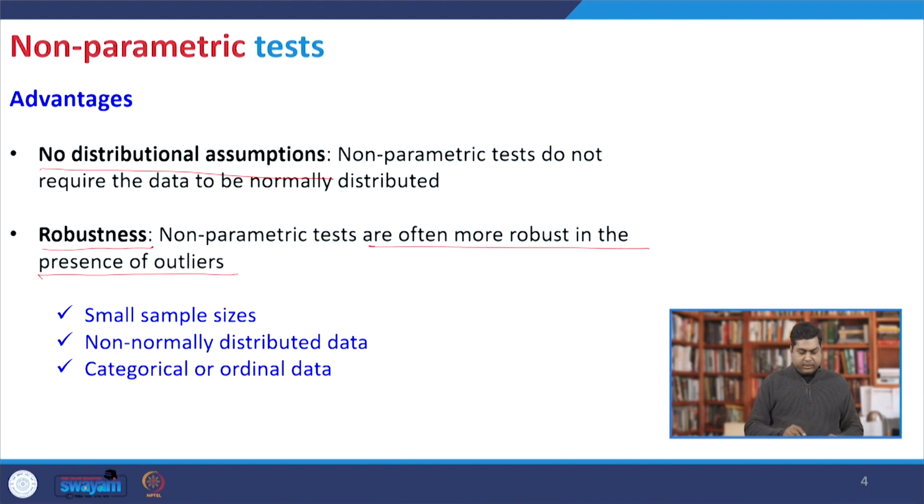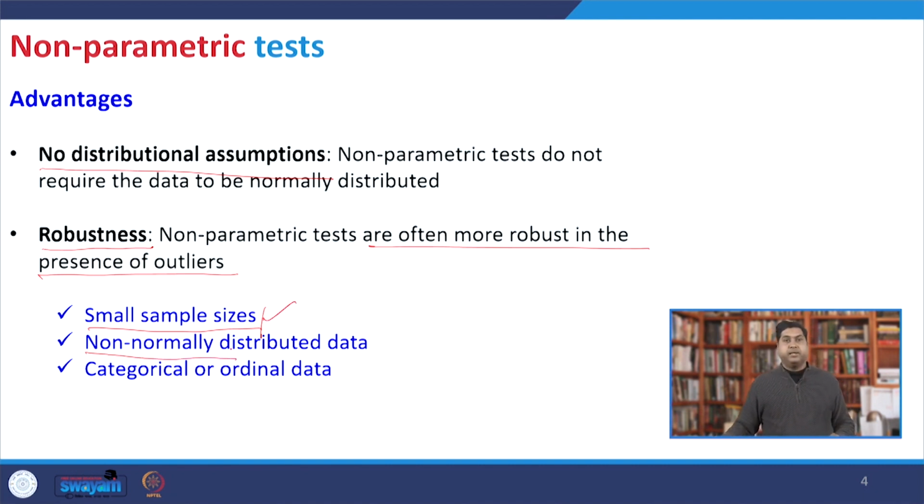Also, whenever the sample size is small, we observe in some cases that the data is not really following any normal distribution or any other parametric distribution. So in those cases it is very effective to go ahead with the non-parametric test.